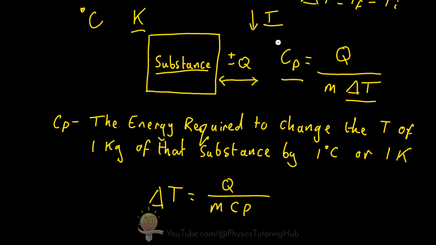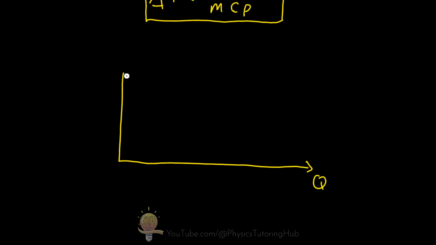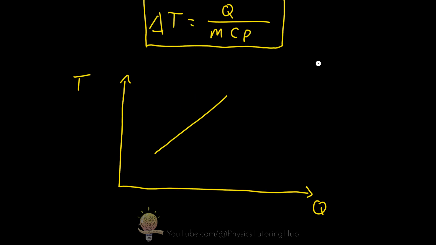And each of these states will have its own unique specific heat capacity. So with this equation, we can make predictions on how much an object would raise or lower its temperature with a change of net heat energy. And in fact, if we plot the temperature change as a function of heat energy, Q, we would get a linear graph. And this is a plot of temperature change as a function of heat energy.